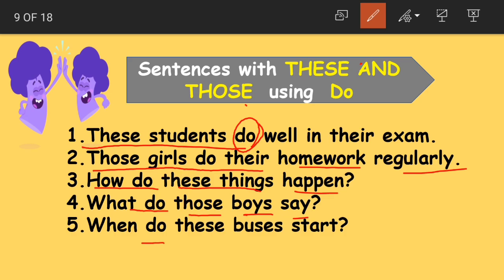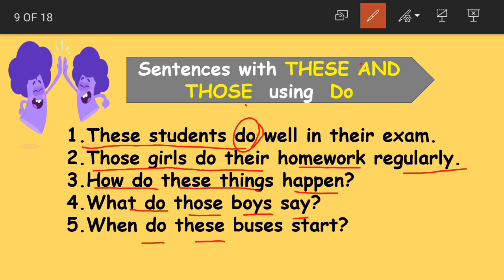Now, the fifth sentence. When do these buses start? For example, children, if you go to a bus stop and you are waiting for your bus, and you see all the buses lined up.